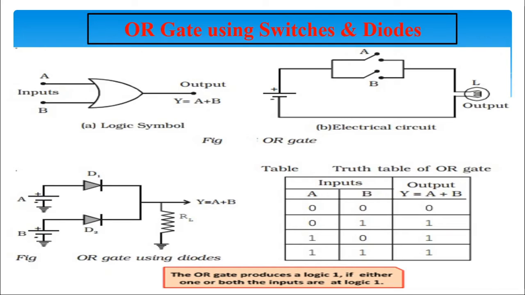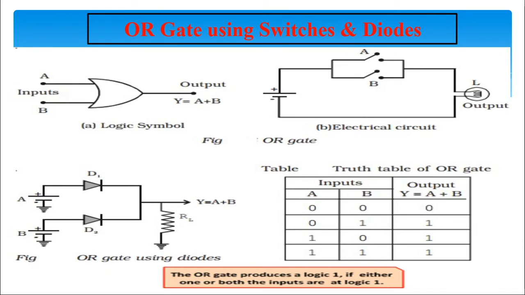When one of the switches is closed, that is at level 1, and the other one is open at 0 level, the lamp is on, indicating logic 1. That means the output of OR gate is high or at logic 1. As the circuit is complete, the current flows from battery to lamp, thereby turning the lamp on.